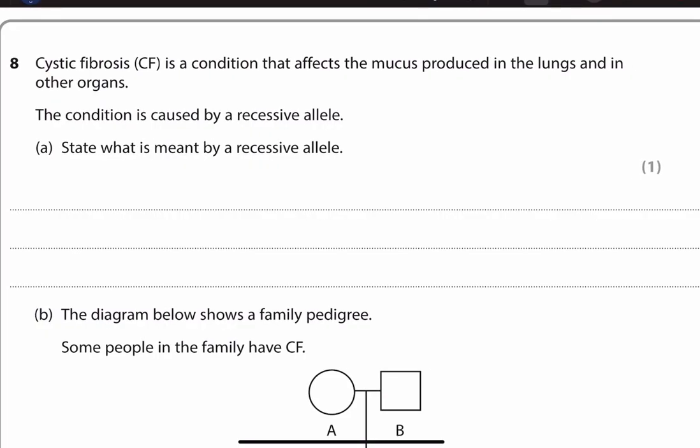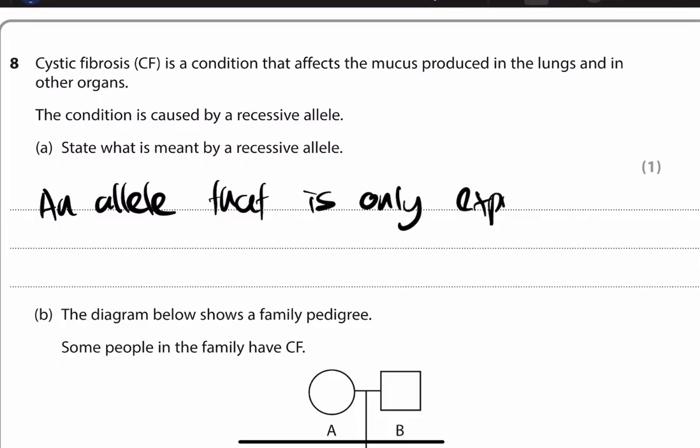instantly apparent to me is an allele that is only expressed if homozygous. Right?